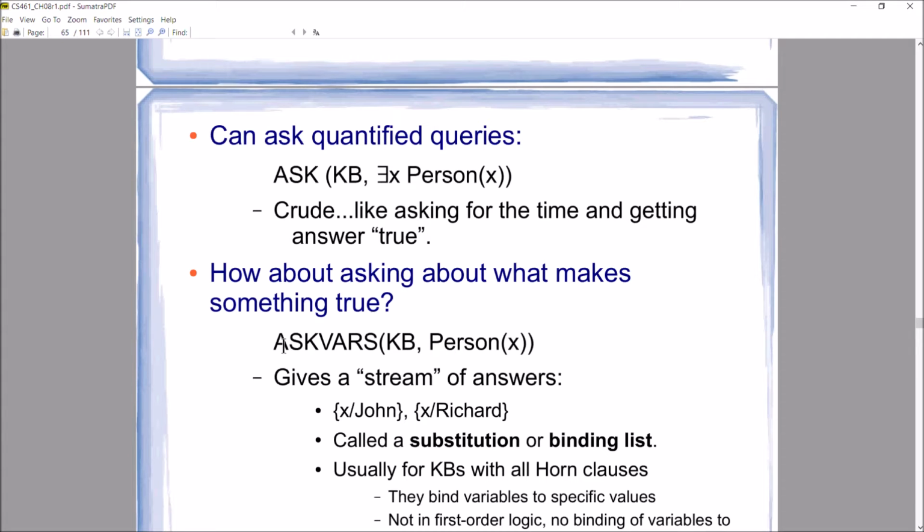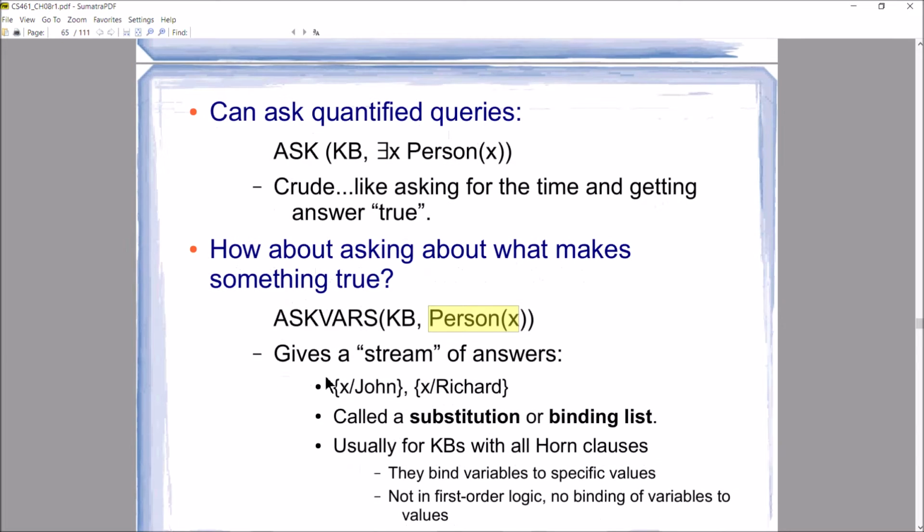So we can have another type of query that gives us a stream of answers, and as you're playing with Prolog, you're going to see this kind of behavior implemented. We might ask the knowledge base, tell me about all of the persons that you know about. We can get a stream of answers that might look like this, where we have one value for x is John.